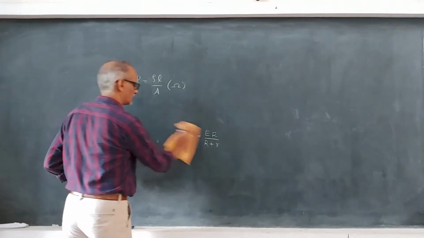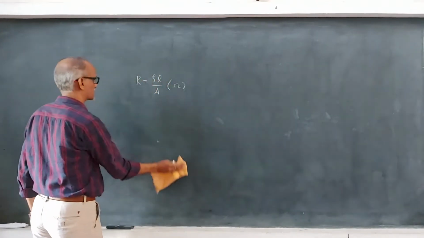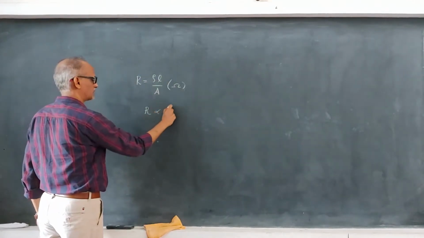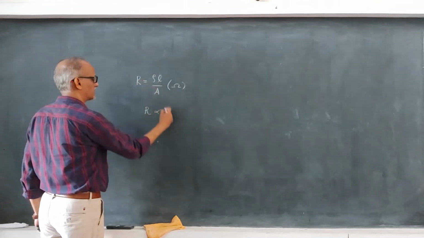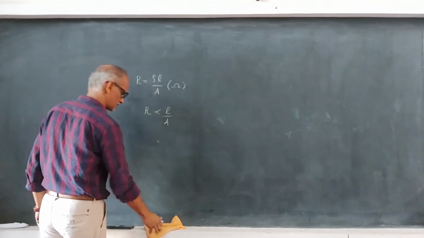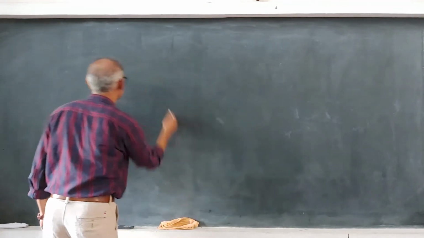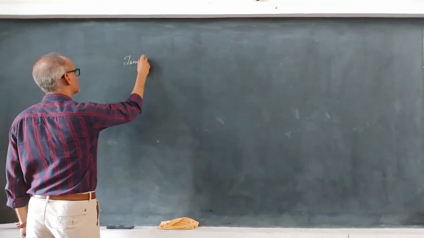Now, the factors on which resistance depends: it is directly proportional to the length and inversely proportional to the area of cross section. And one more factor on which the resistance depends is temperature.